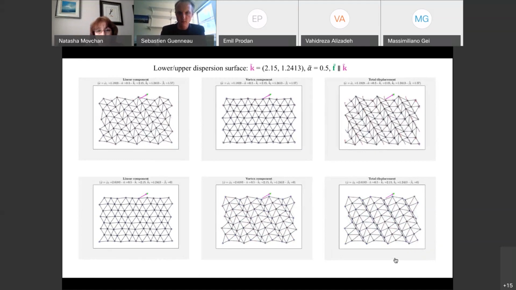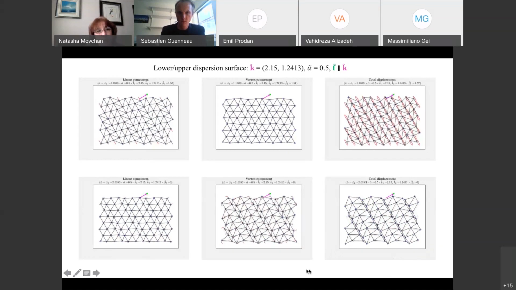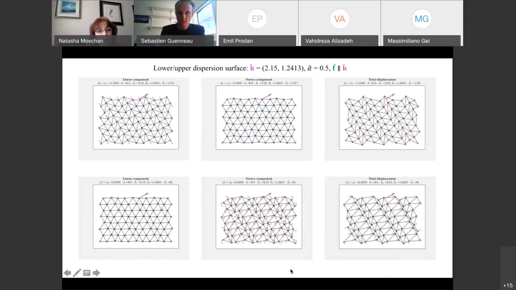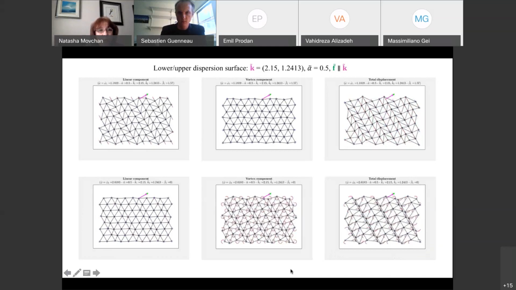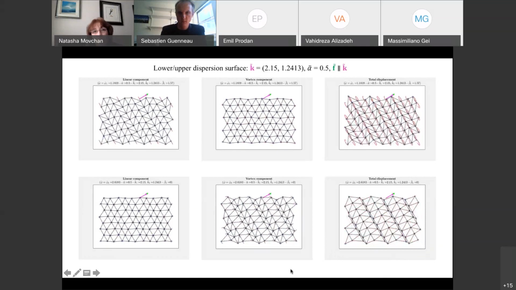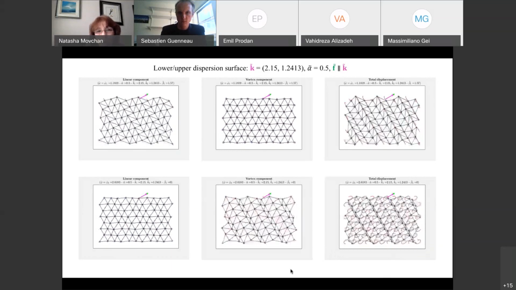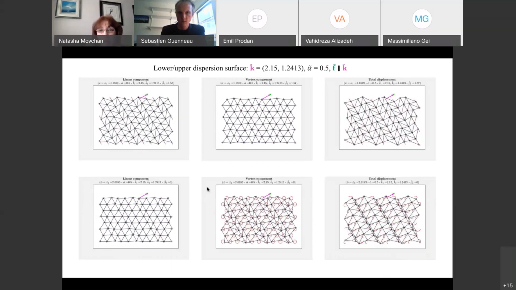And you can see that the trajectories are more complicated. Again, the linear components are either parallel or perpendicular to the vector f. And then we have circular motion where the direction of rotation is different for different surfaces.